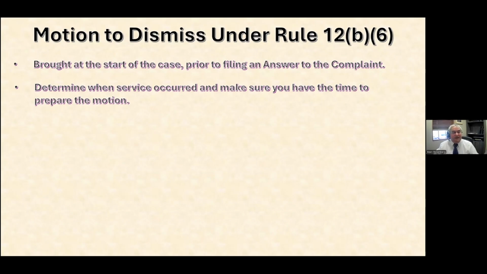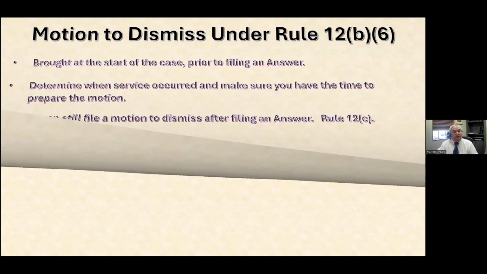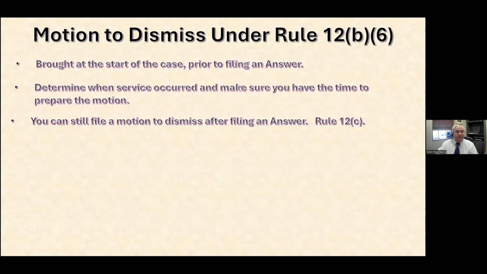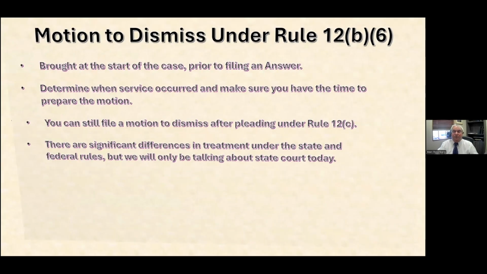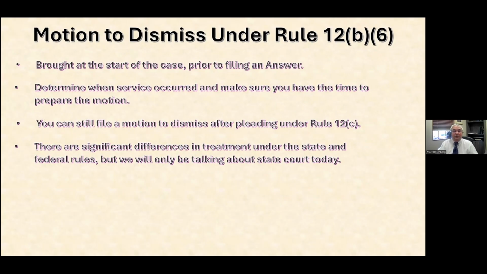If you think it's going to take more time to basically answer and file, then you can also still bring a motion to dismiss after filing. It's just a different rule. It's Rule 12C. But by that time, you've already filed an answer. You've provided basically a little bit of a path on where you intend to go in the litigation without getting the case dismissed.